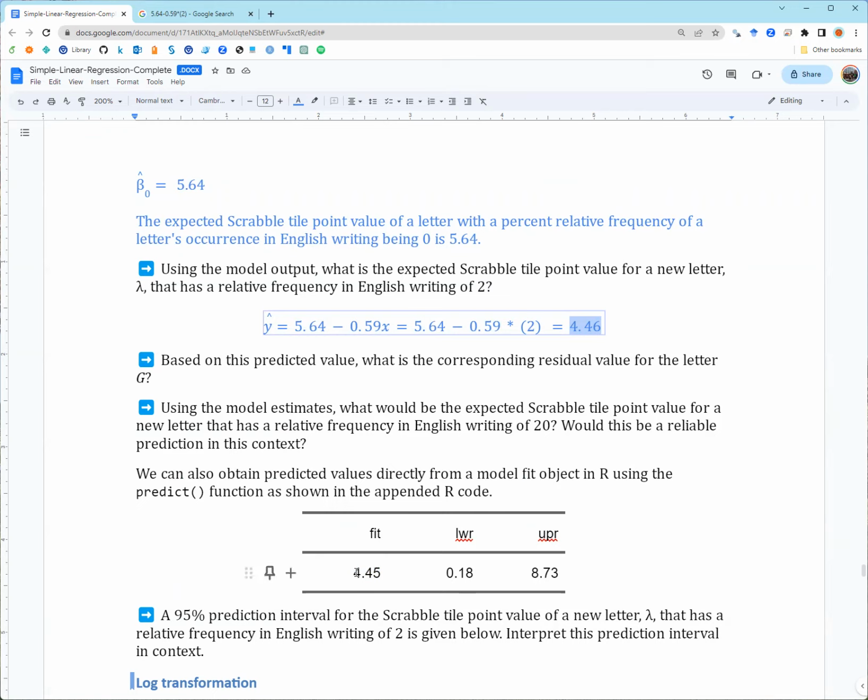So here was the table, for example, for obtaining a predicted value for a letter that has a percent relative frequency of 2. And then here's its interval.